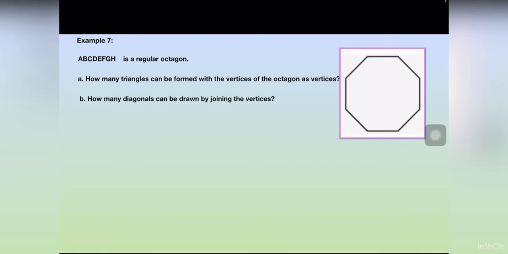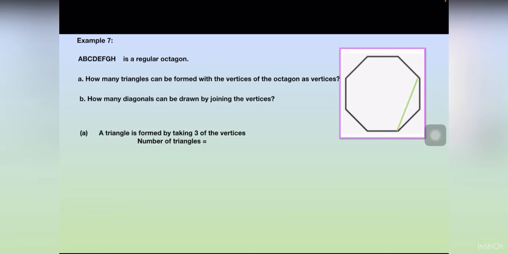Okay, this is the regular octagon. Now we want to form a triangle. How many triangles can be formed with the vertices of the octagon as the vertices of the triangle?